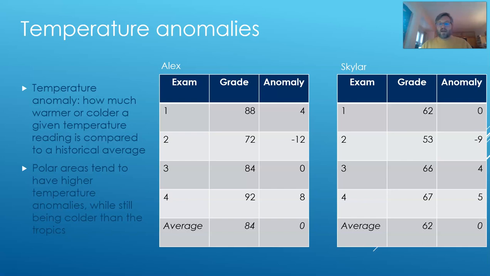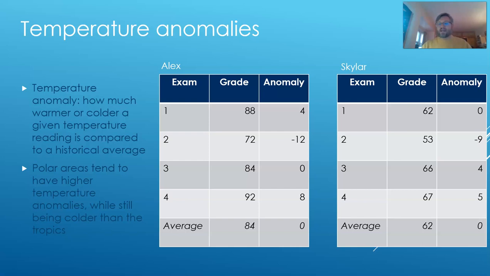So if we look at exam 2, for example, Alex has an anomaly of -12. Skylar has an anomaly of -9. So Alex has a bigger negative anomaly on exam 2, right? Alex underperformed their long-term average by more than Skylar underperformed their long-term average. And yet Alex still did better on that test. Alex got a 72, Skylar only got a 53.